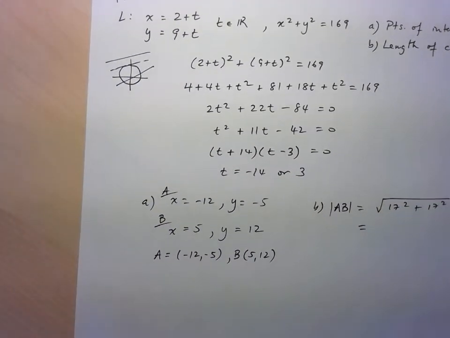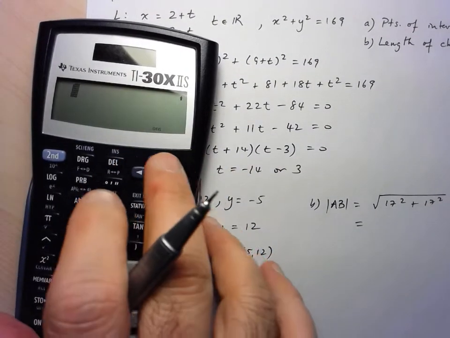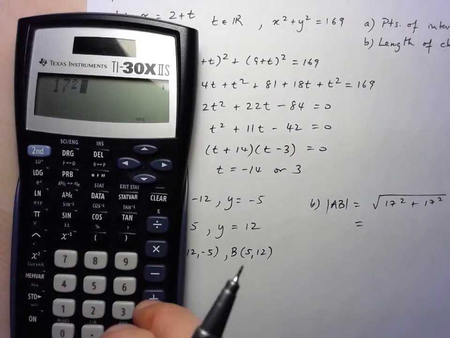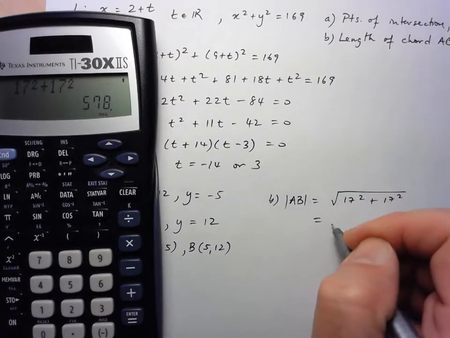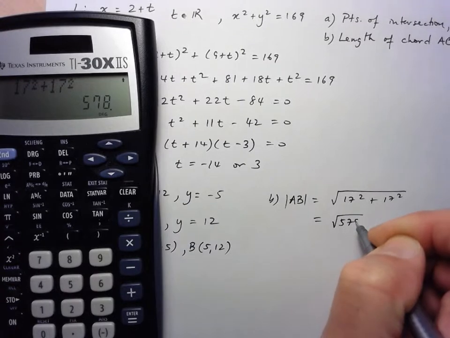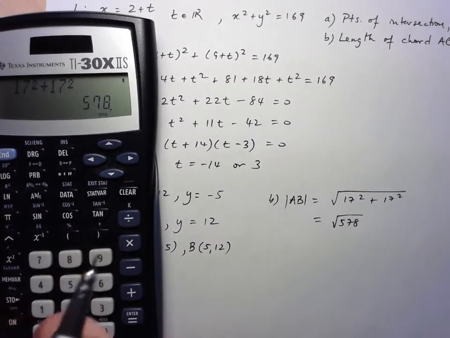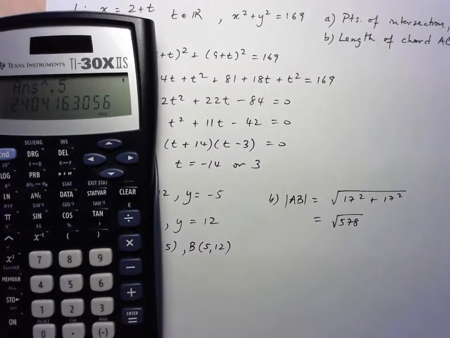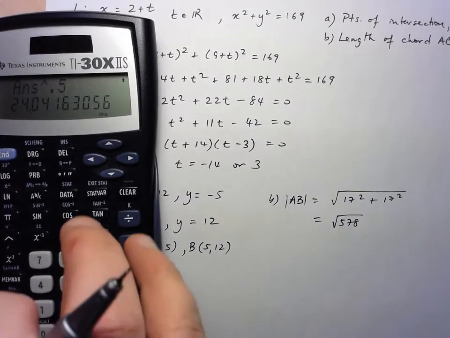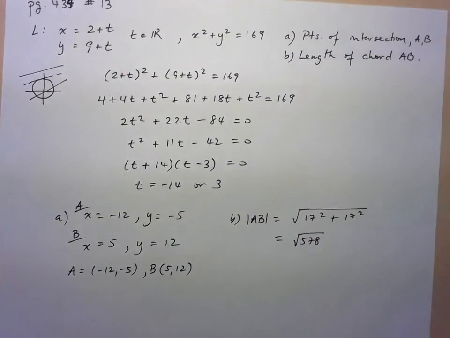So what do we have? 17 squared plus 17 squared is equal to 578, which I do not believe is a perfect square, and it is not, so it's around 24. And we'll leave it there.